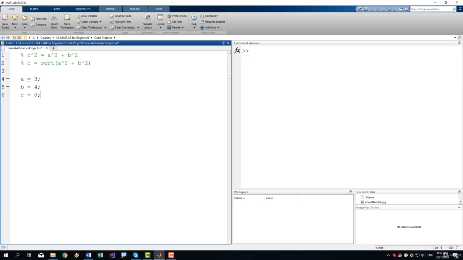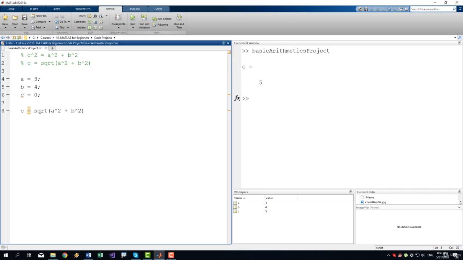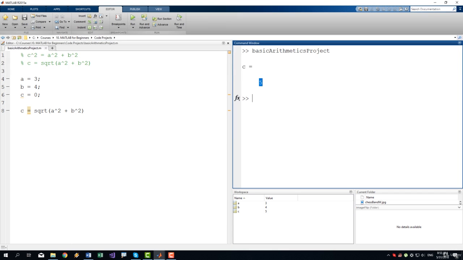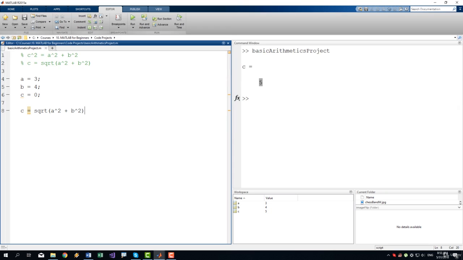Let's say that c is 0, because we don't know its value. So to find c, we simply have to use the equation that we came up with up here. So c equals sqrt of a squared plus b squared, and if we run it, we get c equals 5, which is precisely correct.